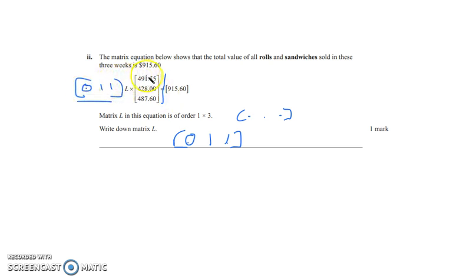So this times this plus this times this plus this times this equals this. So that's why this first one in the matrix is a 0, because we don't need to include that. So a 0 times that equals 0. And then we go 1 times 428 plus 1 times 487.60 equals that answer.